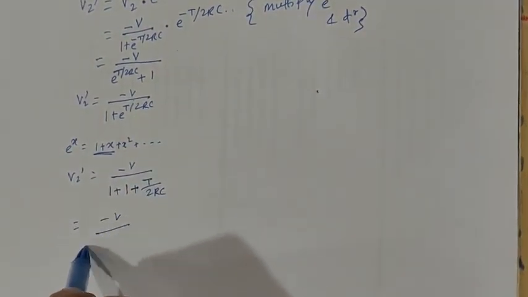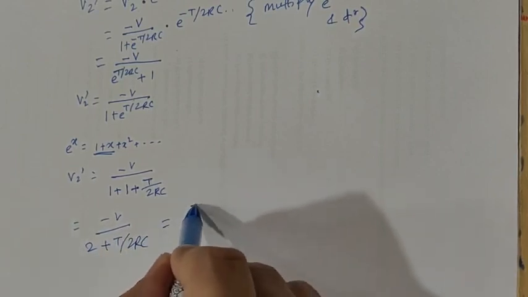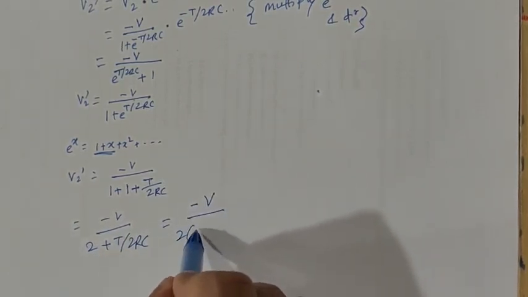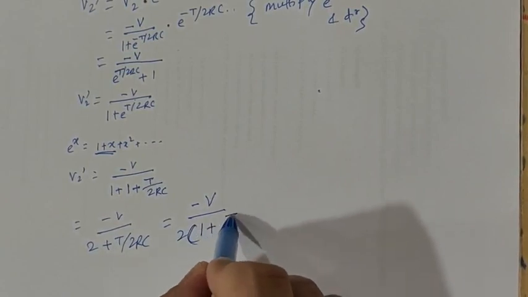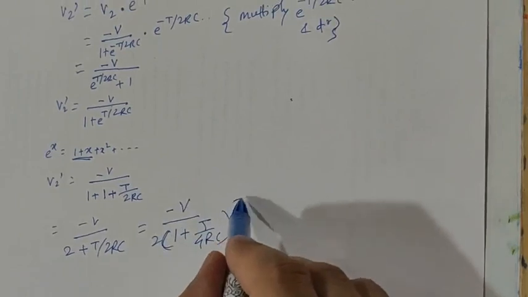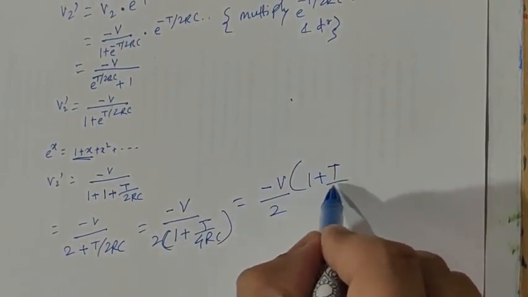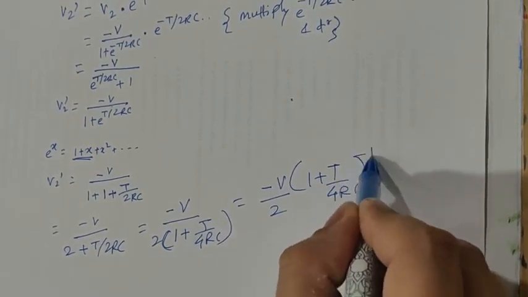So it is minus V upon 2 plus t by twice RC. Taking 2 common, it is minus V upon 2 into 1 plus t upon 4 RC. Taking inverse, it is minus V by 2 into the inverse of 1 plus t by 4 RC.